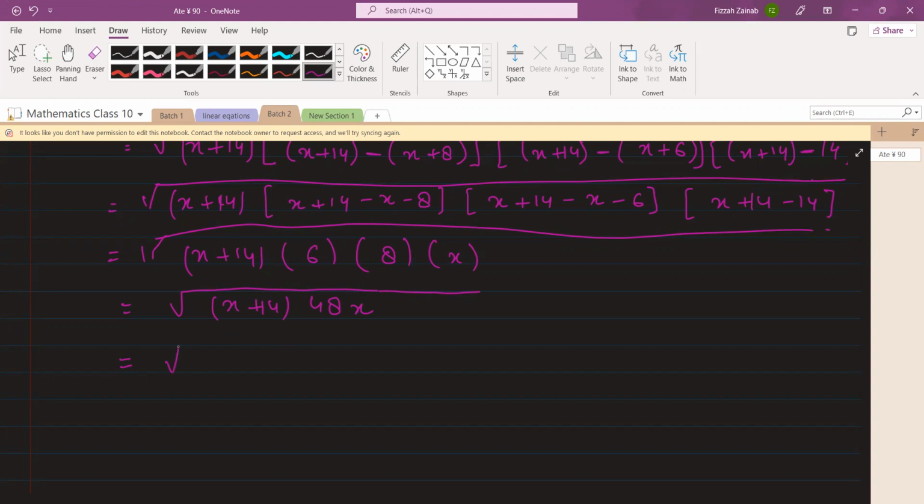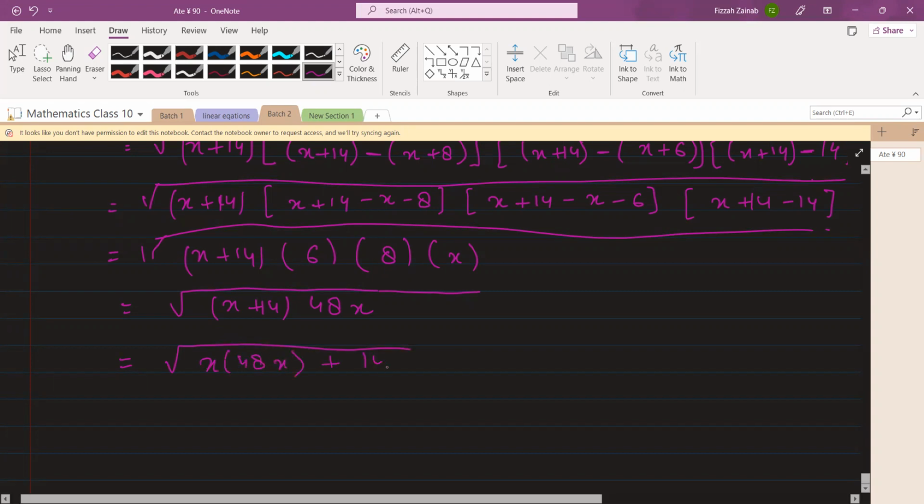Anyway, multiply it. So x into 48x, right? And plus 14 into 48x, right? Okay, so this becomes 48x square. And how much is 14 into 48?